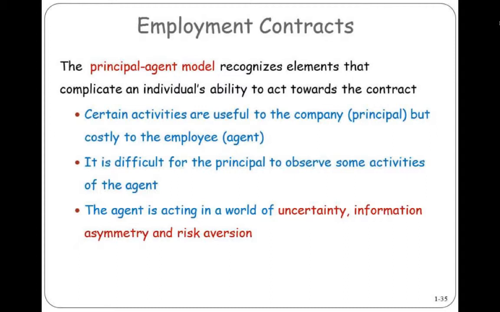That's uncertainty. Information asymmetry. This is really the biggest area of whining in a company that there is. It says that the agent, the employee, has different information than senior management. We're all dealing with different information, right?